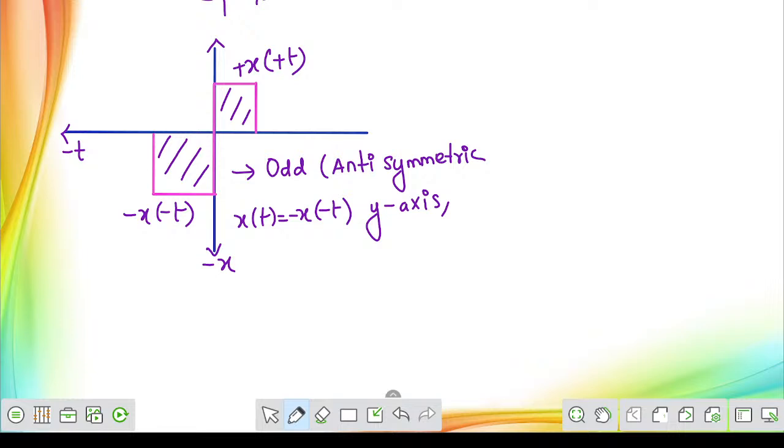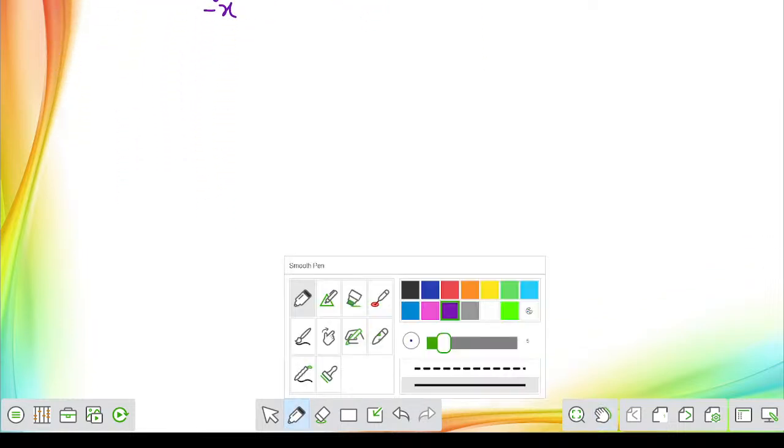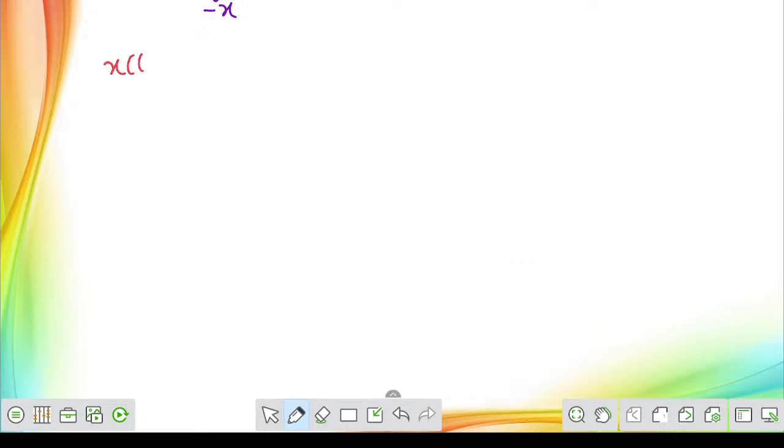Now tell me, if any random signal is given, how will you find the even part and the odd part? It is given that x of t equals cos t, and you are asked to find the even part of the signal. How will you find the even part?